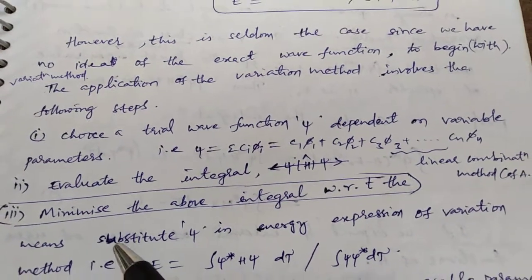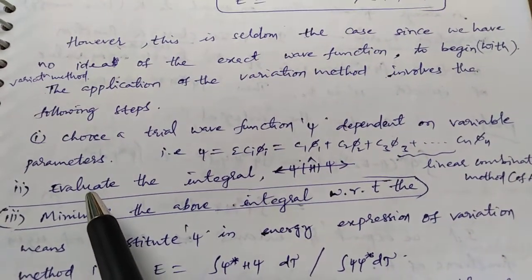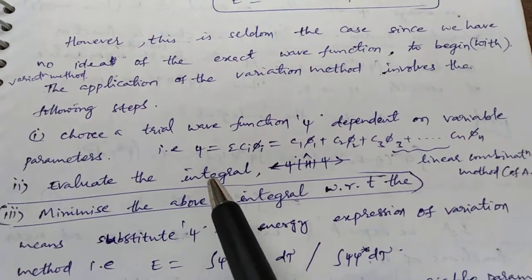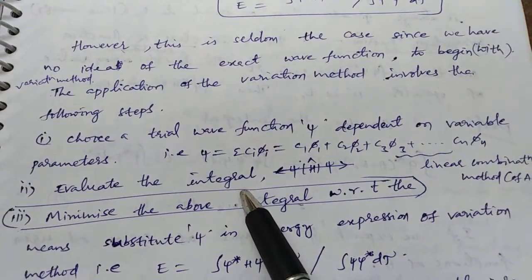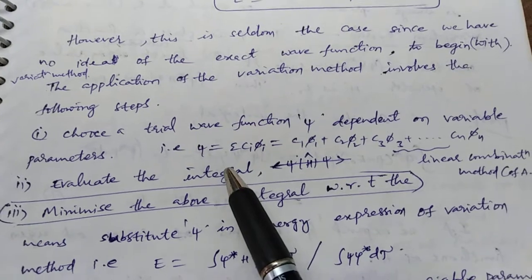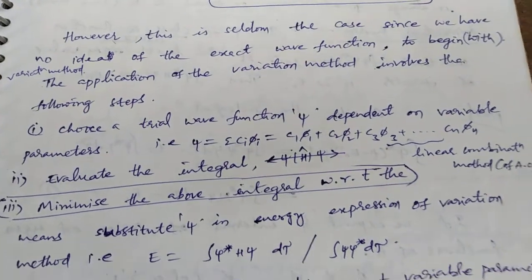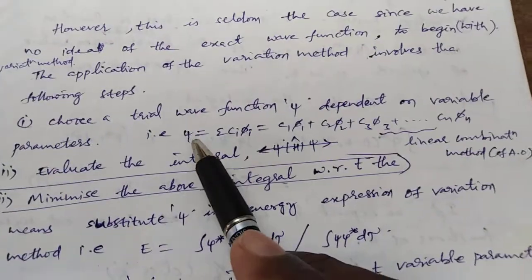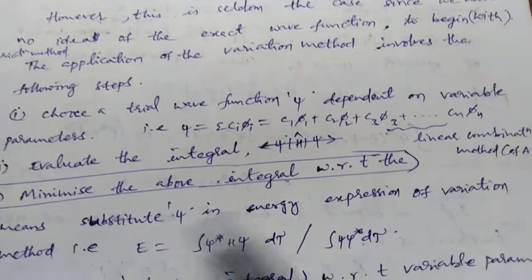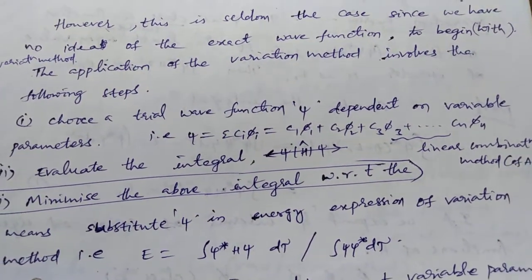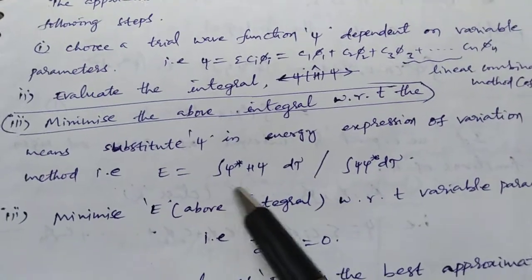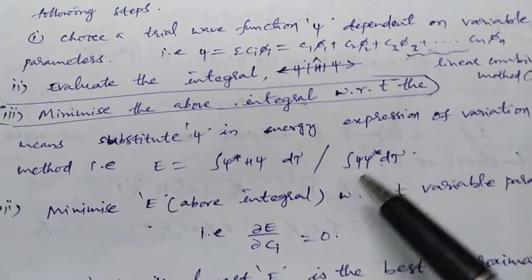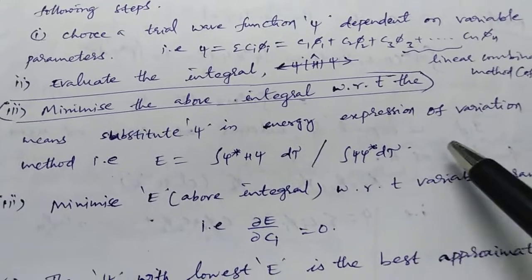Next, the second step is to evaluate the integral for the energy expression. That means substitute this value in the energy expression, that is E is equal to integration of psi star H psi d tau divided by integration of psi star psi d tau.